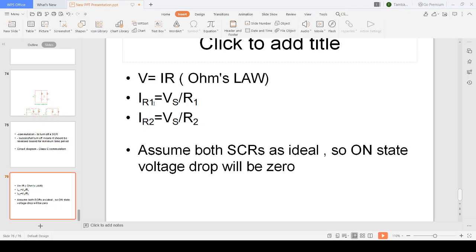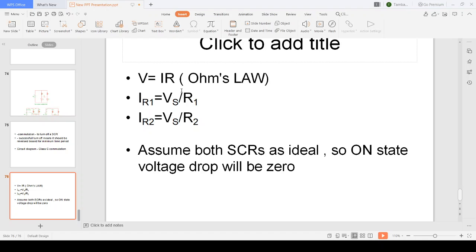Similarly, IR2 equal to Vs divided by R2. IR1 and IR2 are the values of current flowing through resistor R1 or RL and resistor R2 or resistor R.